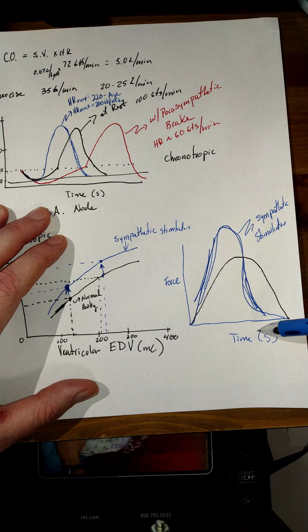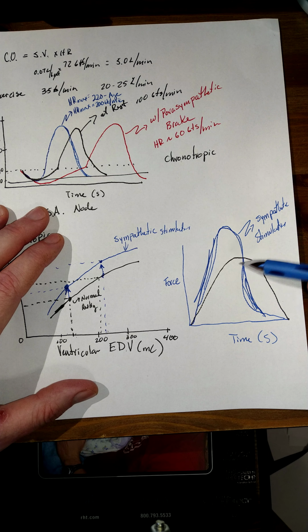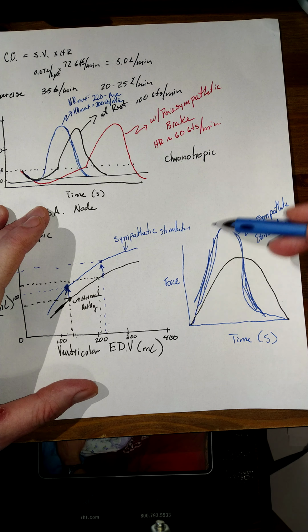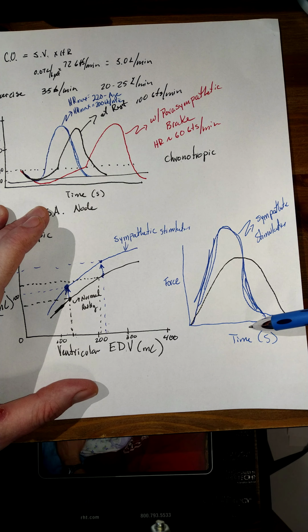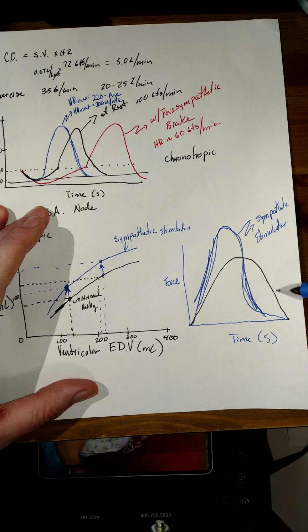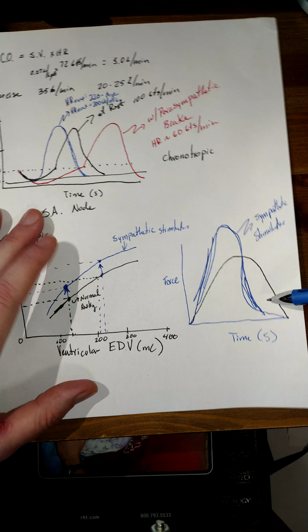So it's a quick twitch and ready for the next heartbeat. So we need to understand from this aspect, sympathetic stimulation, we've produced more force over a shorter period of time. That's going to suggest that our heart rate is increasing compared to our control or our resting.